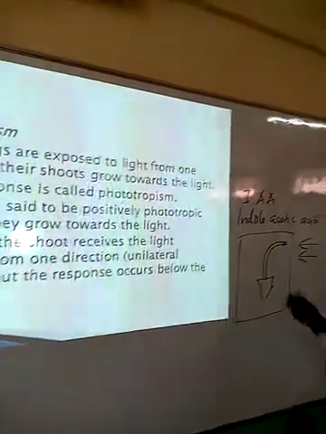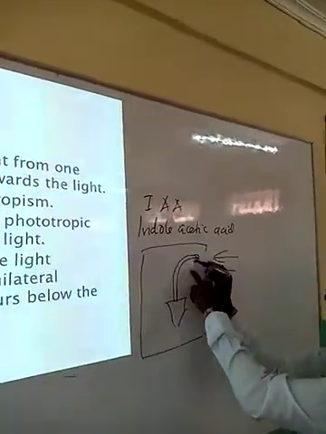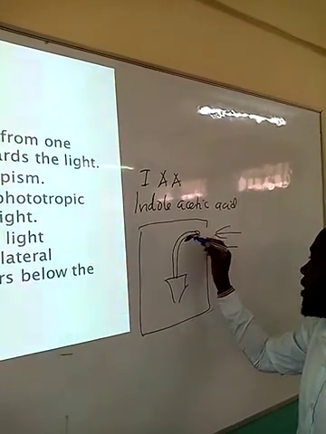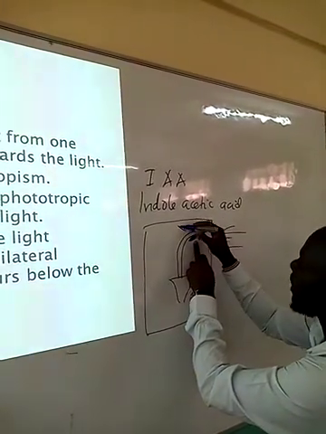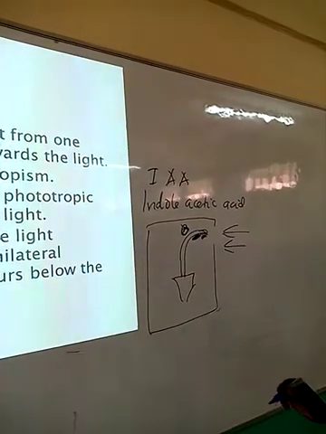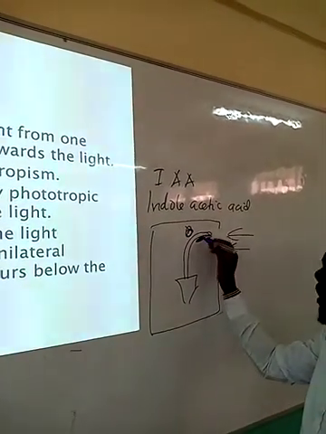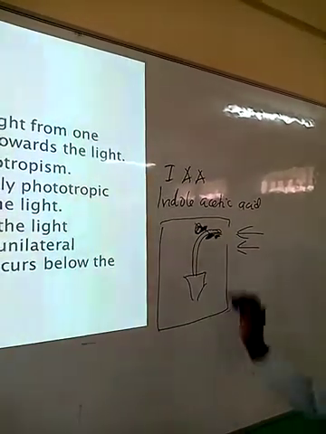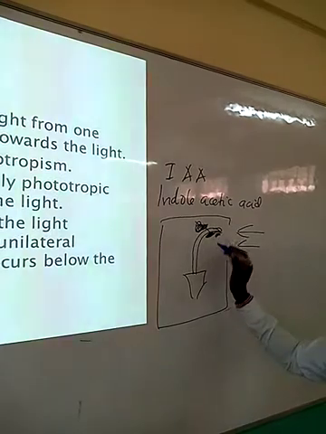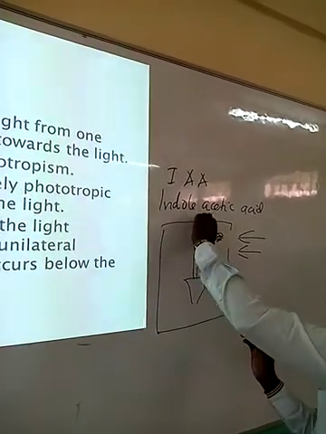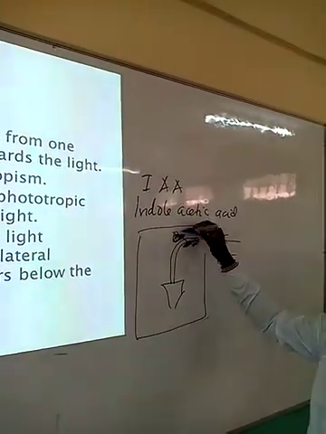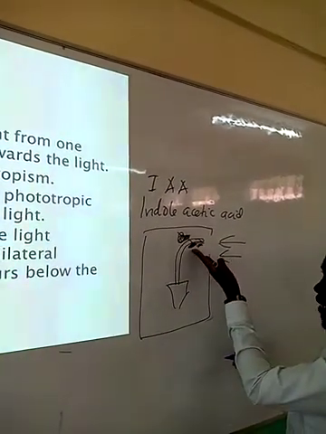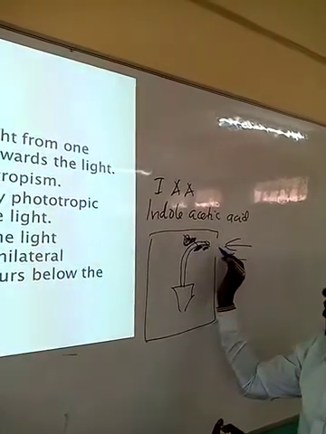If light is shone at that point, it causes the auxins at the tip to migrate to the other side that is not having the light rays. That lateral migration causes the dark side to have a higher concentration of auxin than the lit side. This high concentration of auxin on the other side causes that side to grow faster than the lit side. Therefore, the bending will take place.